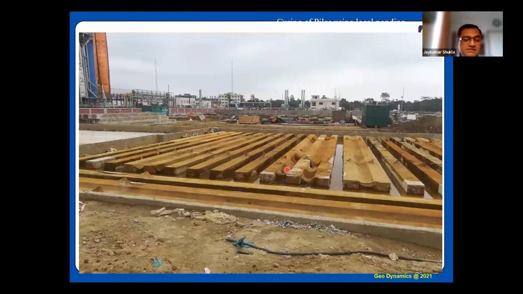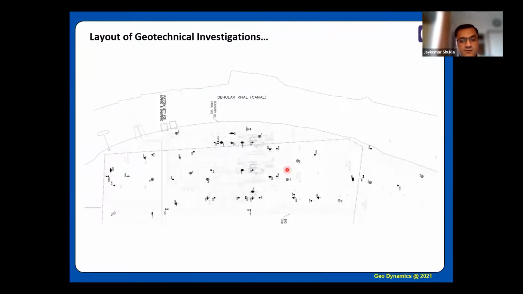I'm just explaining this to give a feeling for the construction part, and we will try to understand the behavior or geotechnics of it with one case study.